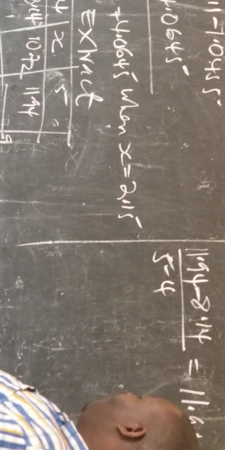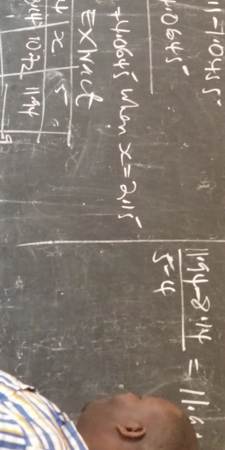Since we're interested in the value of x, we take that to the other side. We shall have 3.8x is equal to 19 minus 1.22, which gives us 17.78.